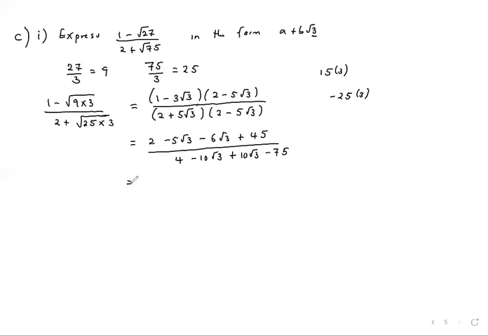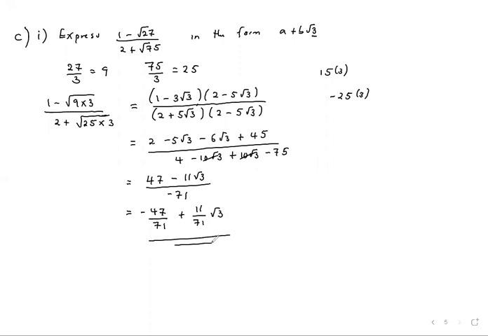Which is equal to 2 plus 45, that's 47, minus 11 root 3 over, this gives us 0, so we get negative 71. So this is negative 47 over 71 plus 11 over 71 root 3.